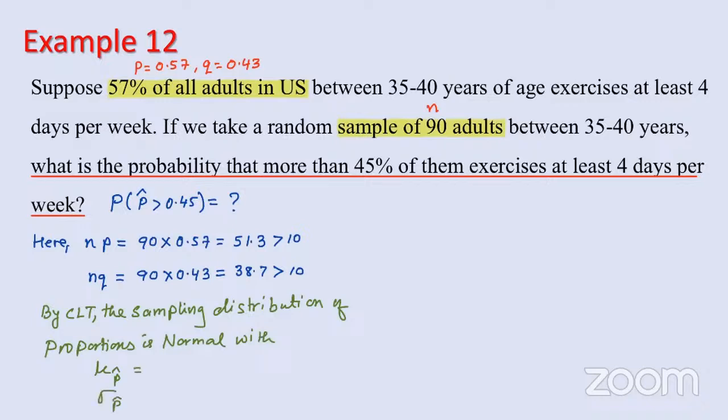Mean of the proportion is equal to population proportion P, which is 0.57. And then the standard deviation is the square root of PQ over N. We plug in the values and simplify. P is 0.57, Q is 0.43, and the value of N is 90. You can type that in your calculator and then check it.